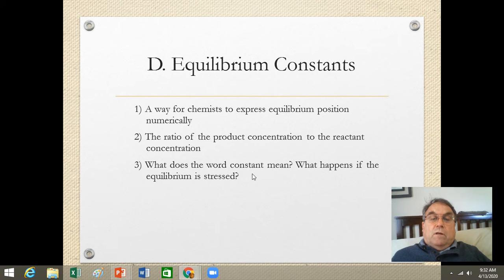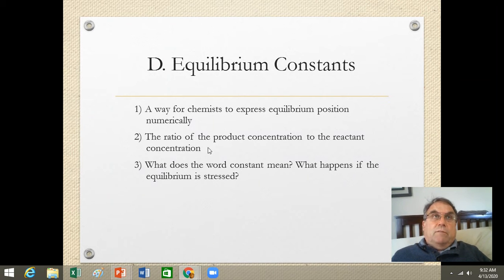So what does the word constant mean? It means it stays the same. So when you cause a stress on an equilibrium, the equilibrium will shift in order to minimize that stress and reestablish the equilibrium.